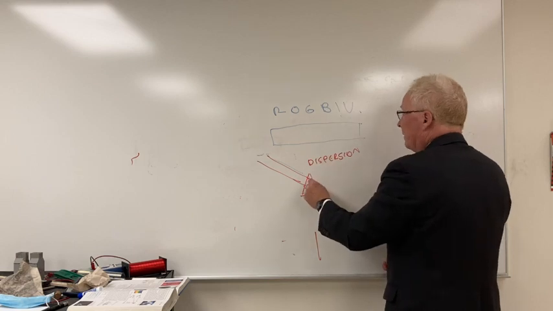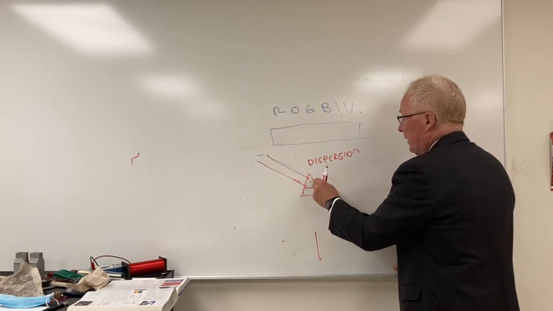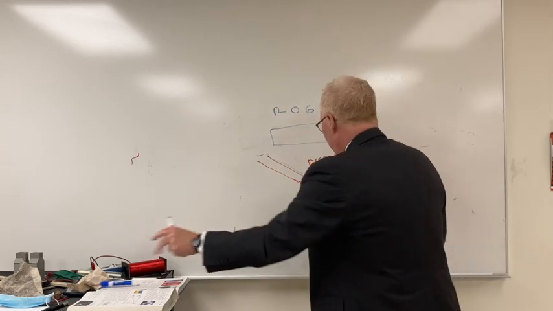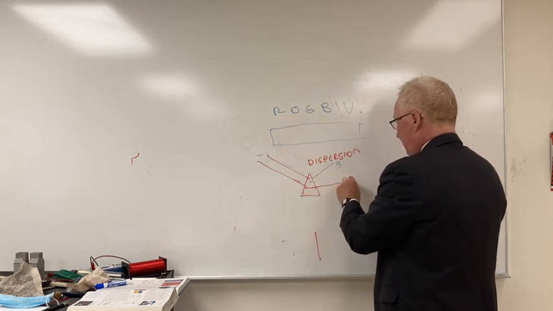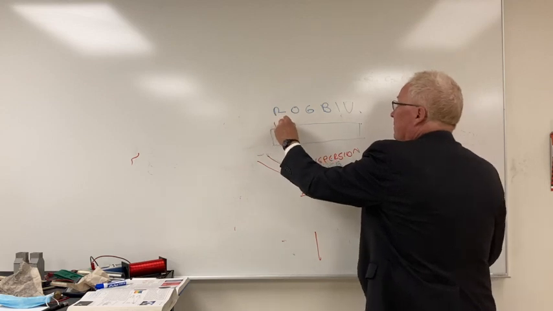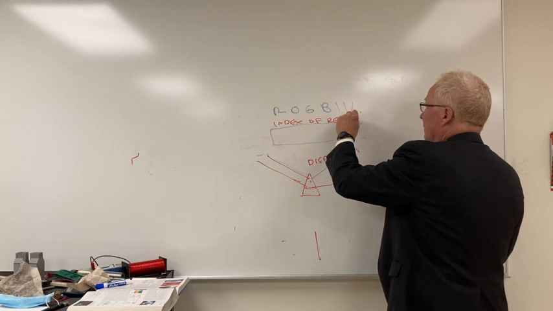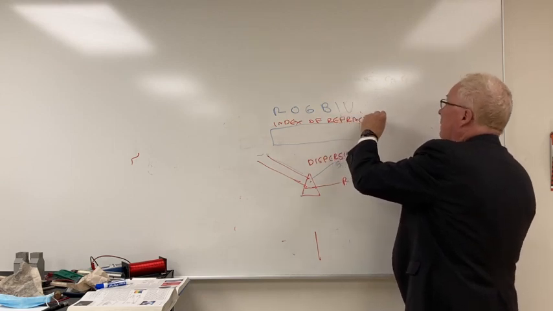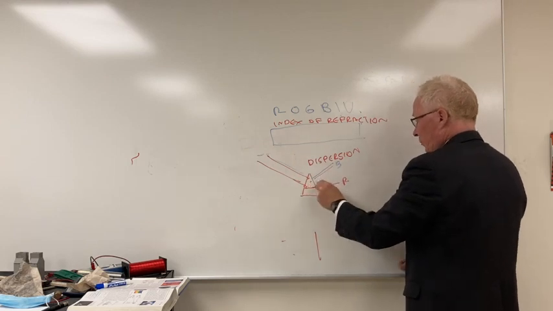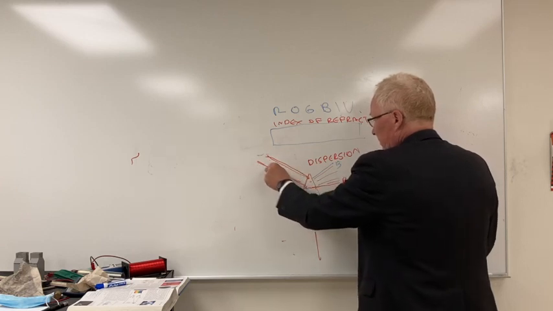So it will bend the blue light the most and bend the red light the least. That's because the index of refraction varies with the wavelength for glass, so you end up producing a rainbow. So this is where the rainbow comes in as far as that's concerned.